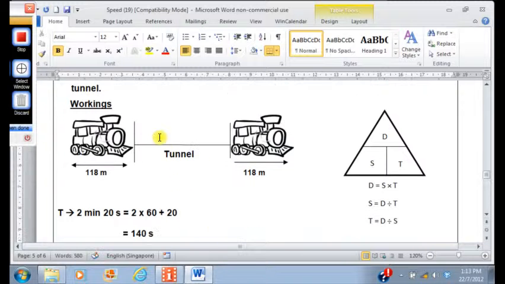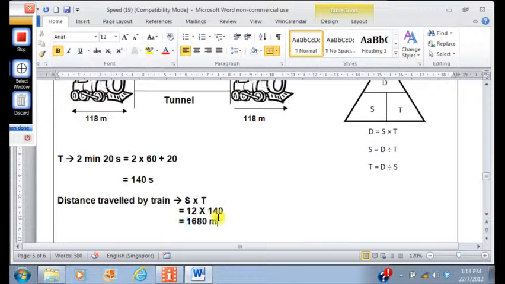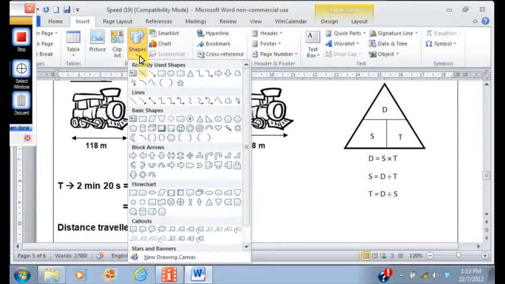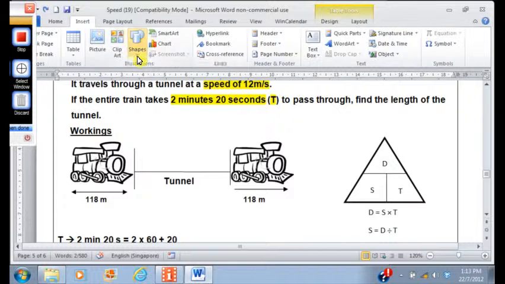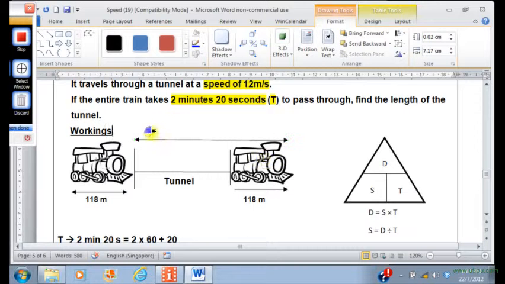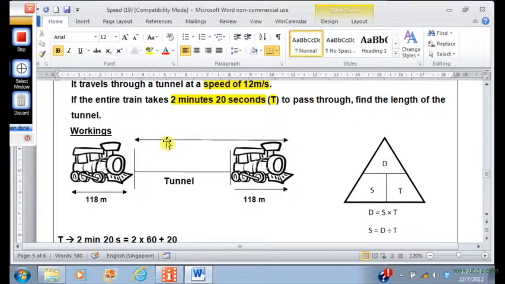So that means this 1680 meters is from this point all the way up to this point.